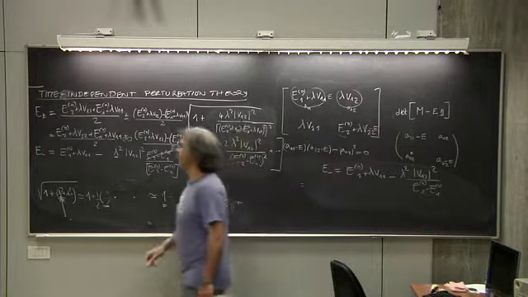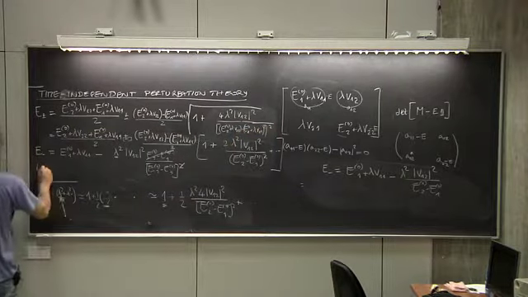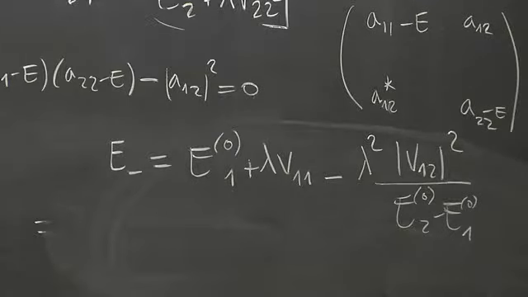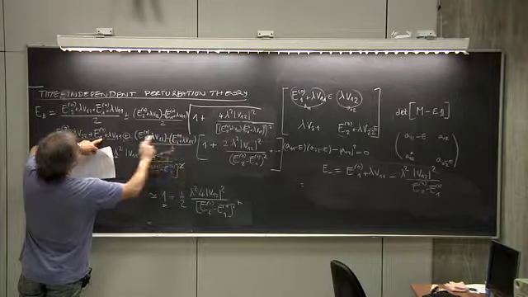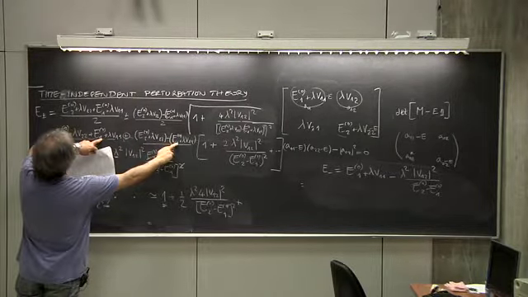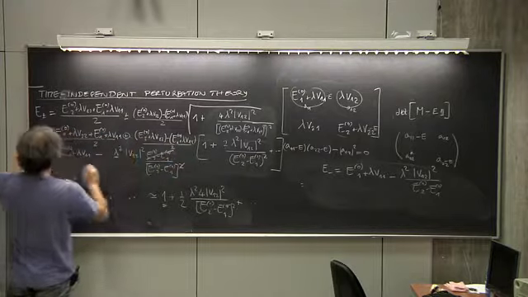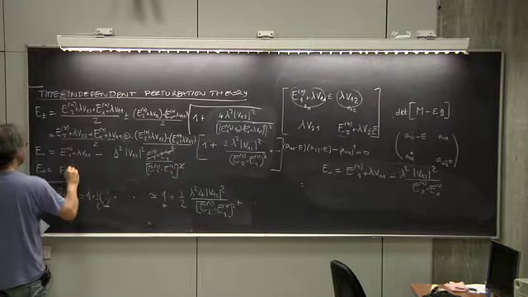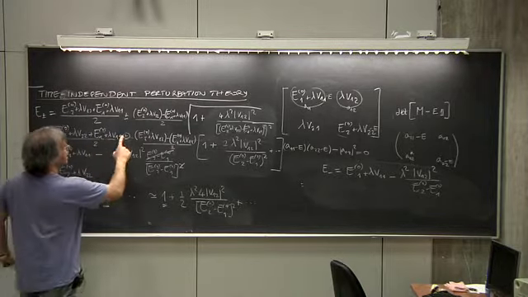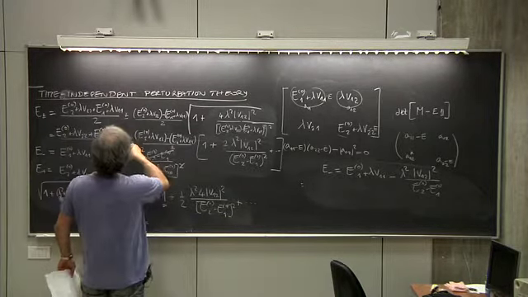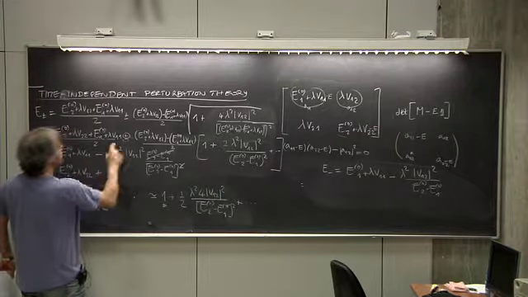Okay? Let us calculate the other. So E plus. In this case, I do have here to take the plus sign. So I see that the minus, the 1 cancel now, this 1, but the 2 sum together and give me E02 plus lambda V22. And then I have to account for this, and I get a plus instead of a minus.